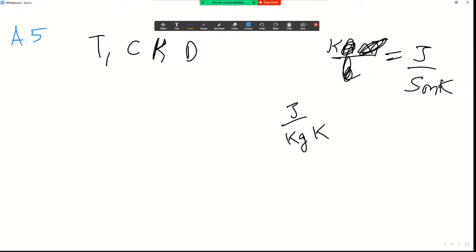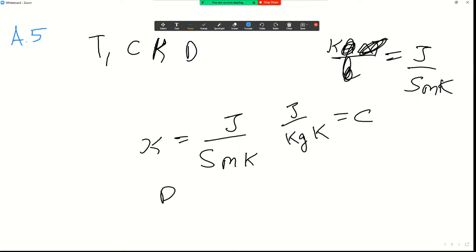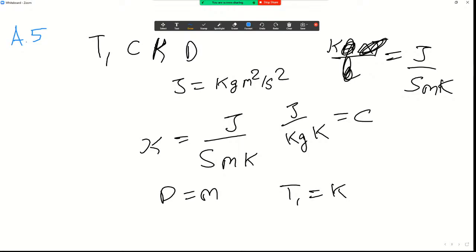So kappa should be joule per second meter Kelvin. This is kappa and this is C. And D is meter and T1 is Kelvin. And J is kg meter square per second square.